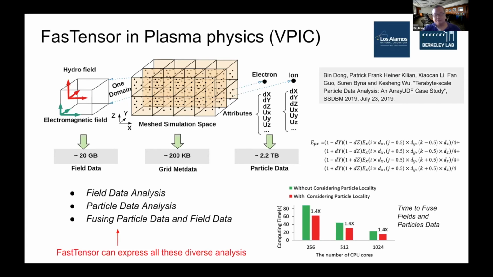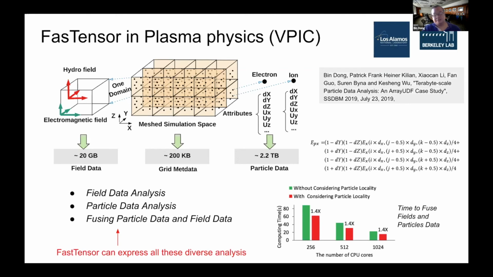For example, they have particle data, grid data, and field data. They have different data analysis on different data, and sometimes they want to merge different data together as input to an analysis. So they don't have an established data analysis pipeline.